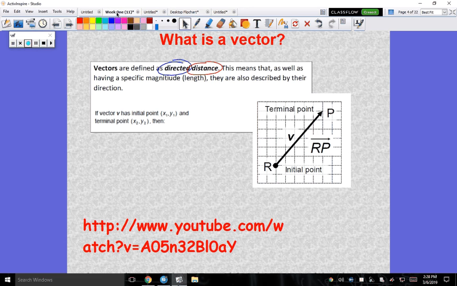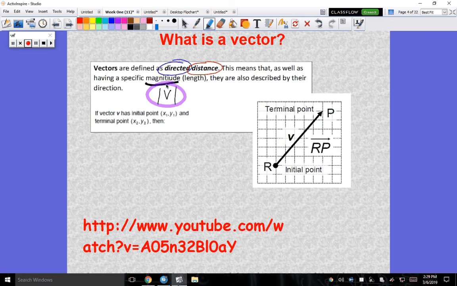Here we go. The magnitude is the length. The way I want you to show the magnitude looks like this. It's not the absolute value of velocity. It's not the absolute value of v. This is how we notate the strength or the length of a vector.